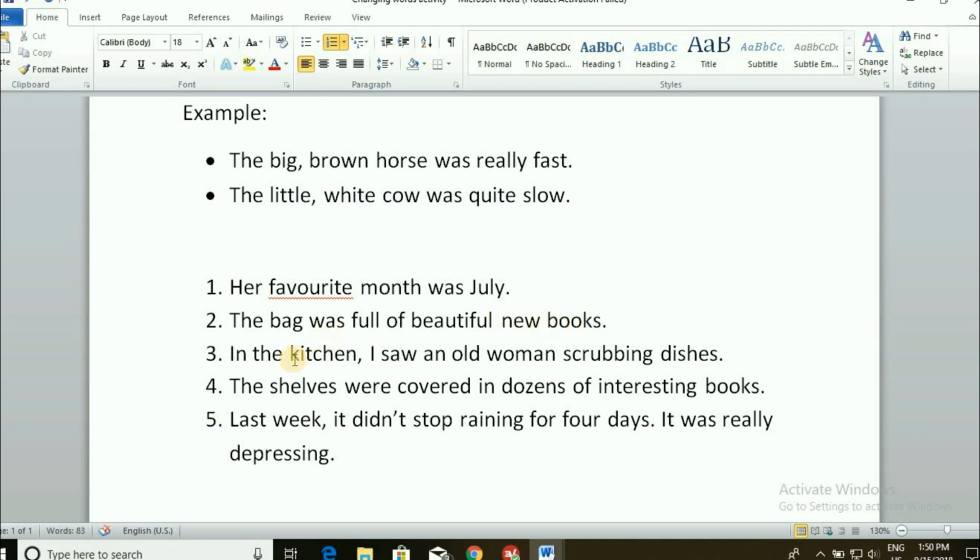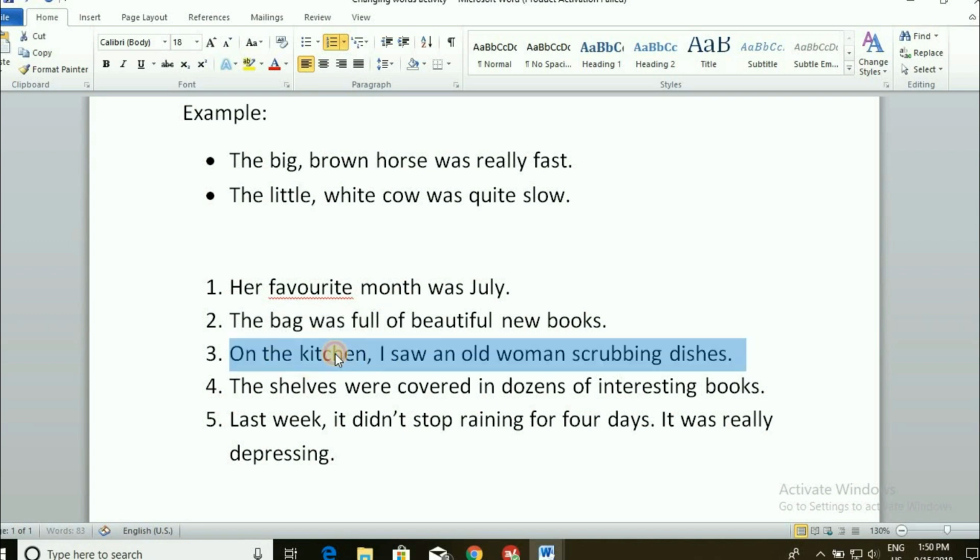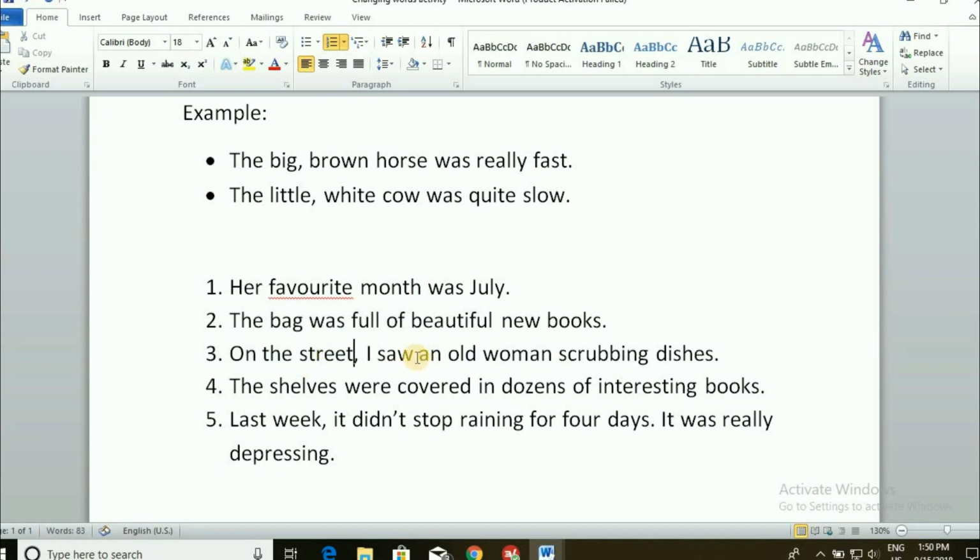We could change in, that's a preposition to on, kitchen to street. You could say old becomes young. We'd have to change this to a young boy playing football, and so on and so on.